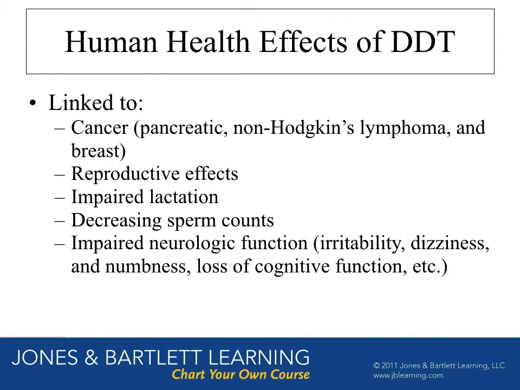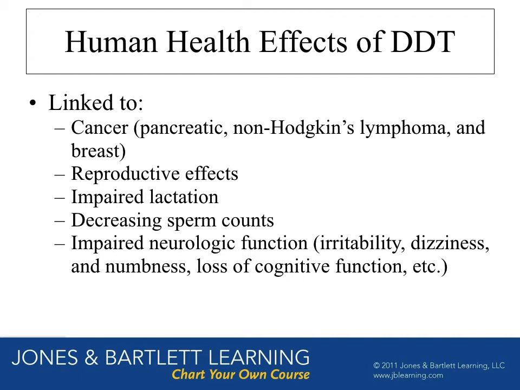As far as human health goes, DDT has been linked to a variety of cancers: pancreatic cancer, non-Hodgkin's lymphoma, breast cancer. It's been linked to reproductive effects, impaired lactation in women, decreased sperm counts in men, and impaired neurologic function in human beings.